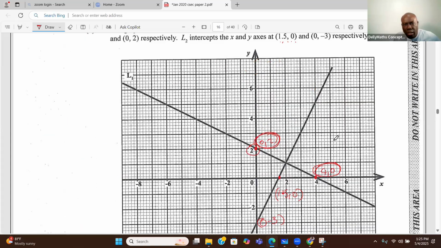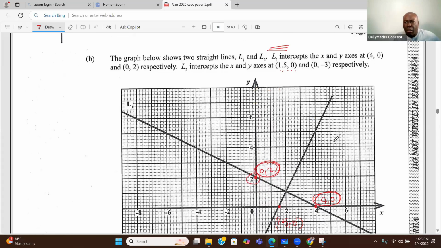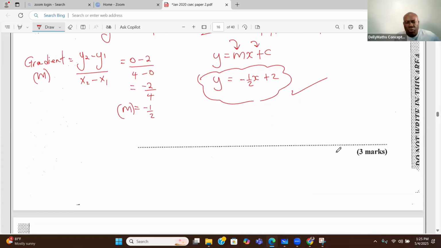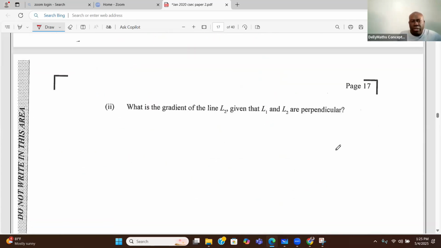All right, so we have L1, right? So the question says, what is the gradient of L2? And then they're saying L1 is perpendicular.